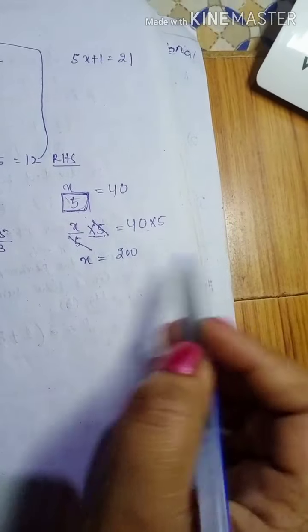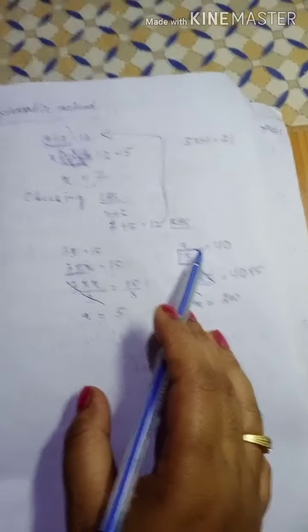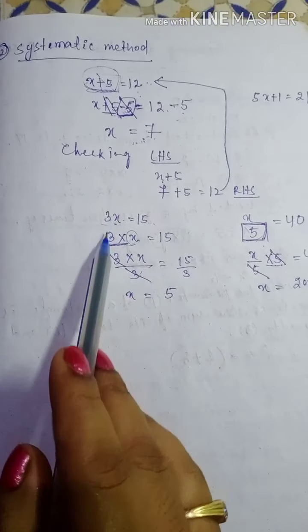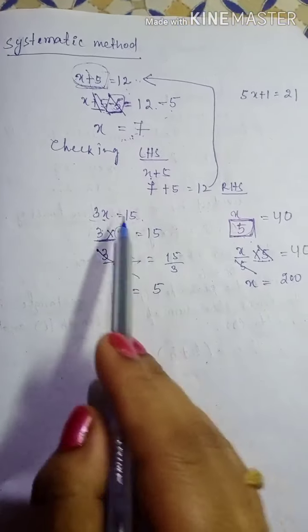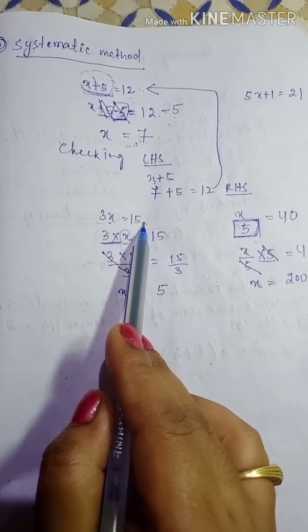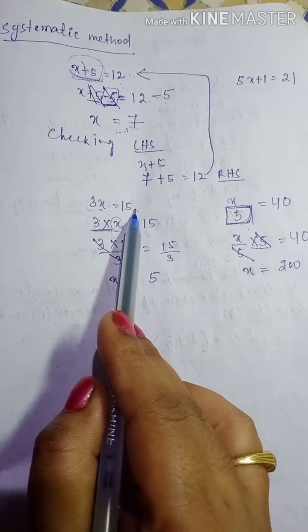If it is like this, what will I do here to keep balance? Whatever we do on the left side of the equal sign, we must do the same thing with the right side, means right hand side.